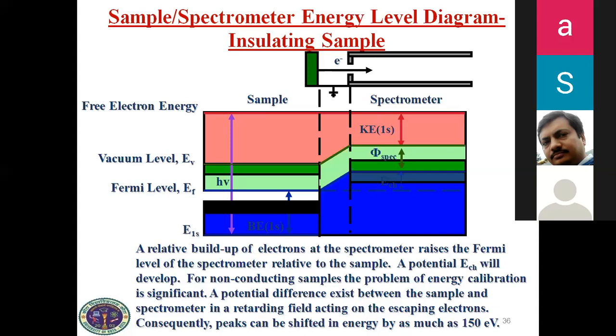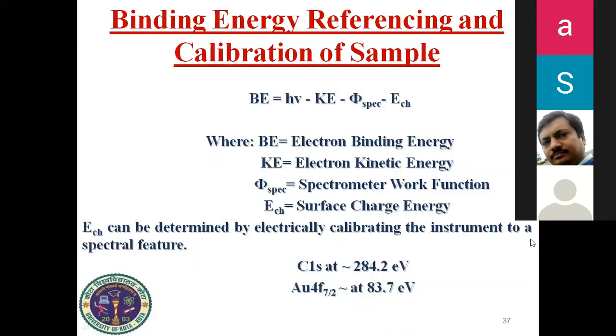Hence, for a non-conducting sample, the problem of energy calibration is significant and we need to reference the binding energy with this formula. Here you can see that binding energy is given by h nu, the incident photon energy, minus the kinetic energy of the collected photoelectron, minus the work function of the spectrometer, minus ECH, which is the surface charge energy.